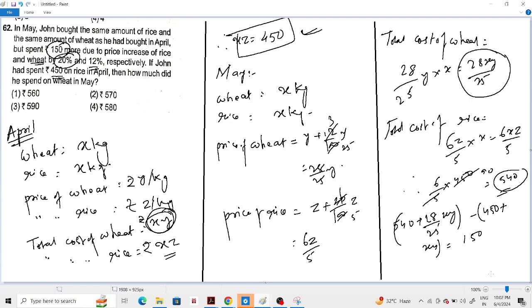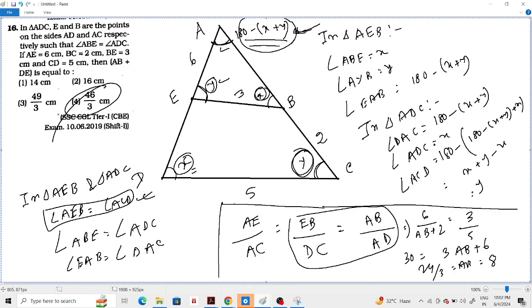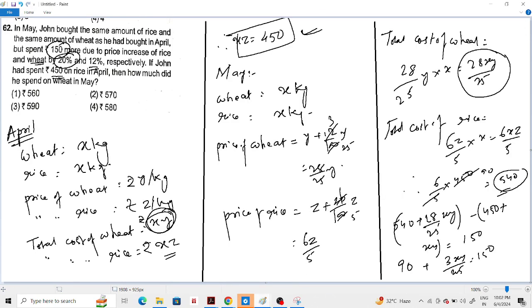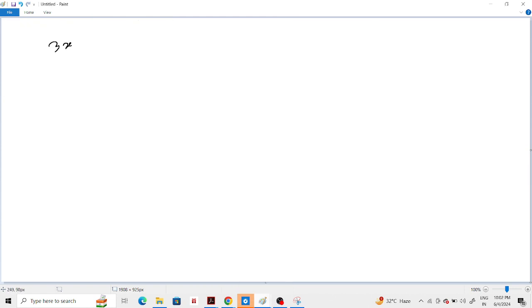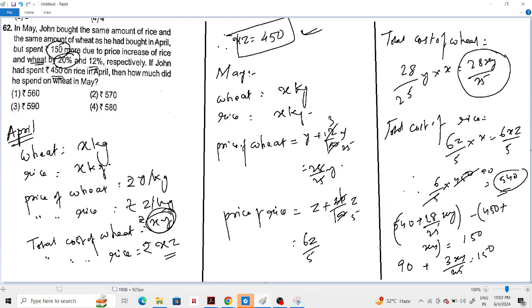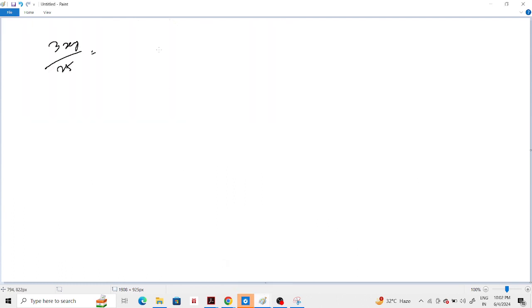Now see, all we are left is xy, which is very easy to calculate. So we can do the 90 plus, this is a very simple calculation, there is 3xy by 25 equals 150.